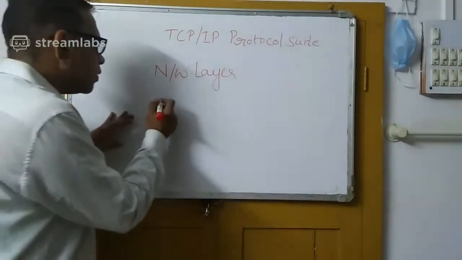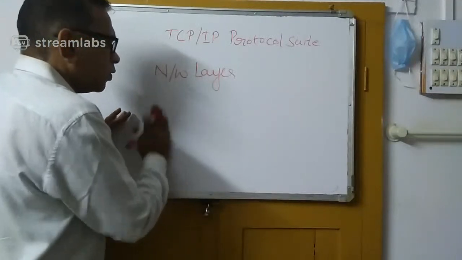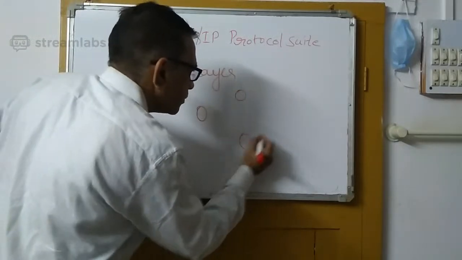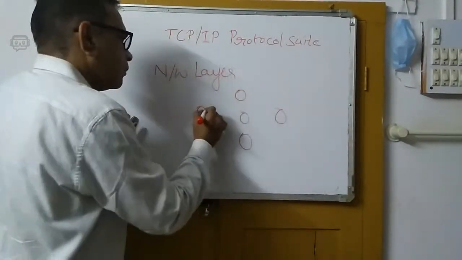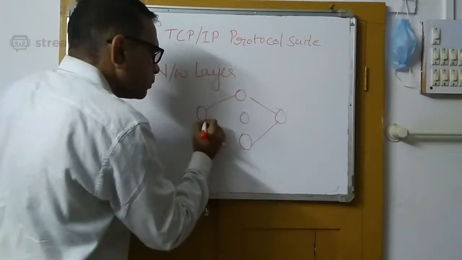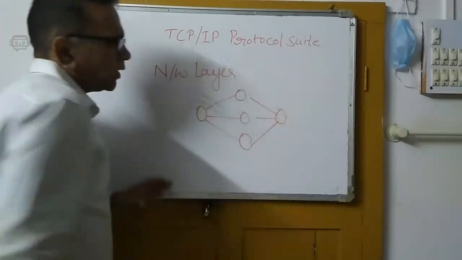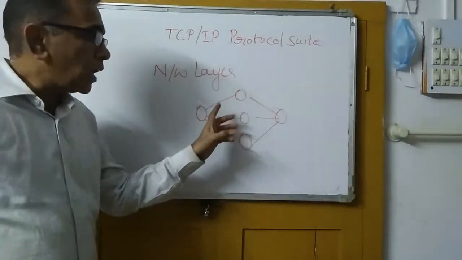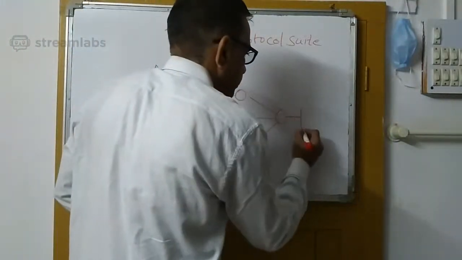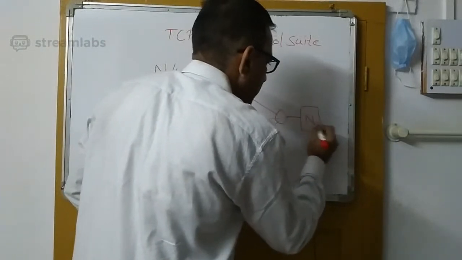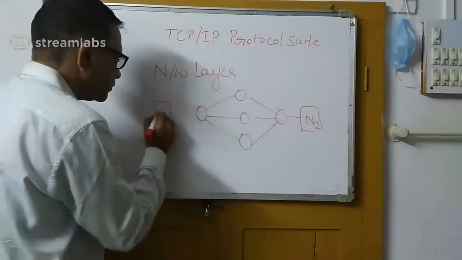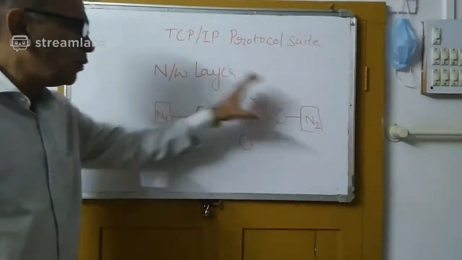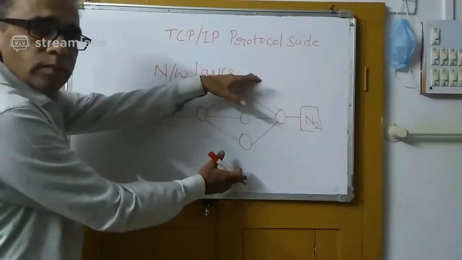Out of these multiple paths, I'll redraw that thing. I'll show you this by using a kind of graph. Imagine these are the paths available to reach the destination. I'll call this my N2 and this my N1. Now to reach from N1 to N2, look at this figure.